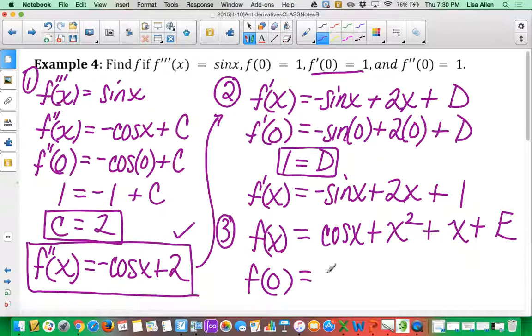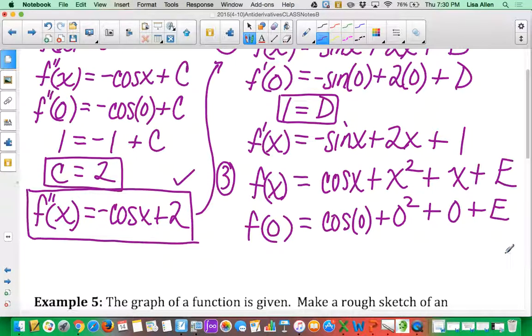So I plug that in, plug 0 in on the right-hand side, and I get cosine 0 plus 0 squared plus 0 plus e. So e being the arbitrary constant, since f of 0 is equal to 1, we get 1 is equal to 1, cosine 0 is 1, plus e.